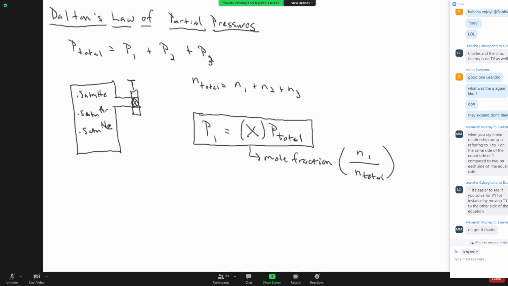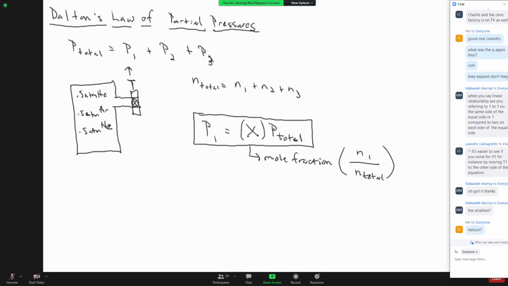Okay. Now, if you think about it, if I open this system up using Graham's law of effusion, which gas would come out first? Which one would be the fastest? Helium, neon, or argon? Why?